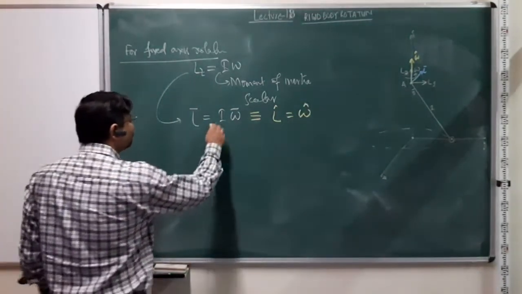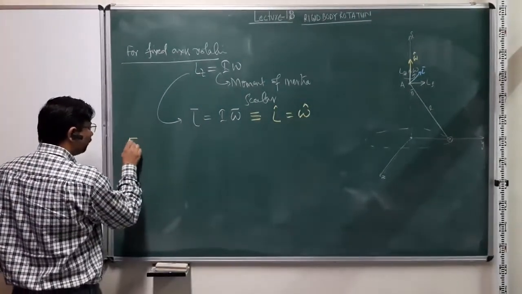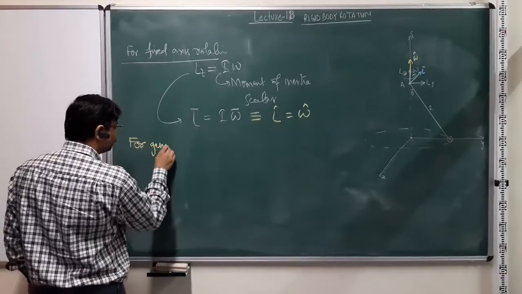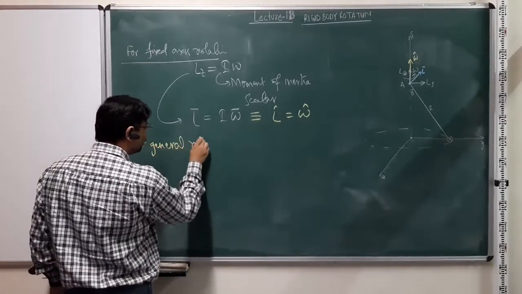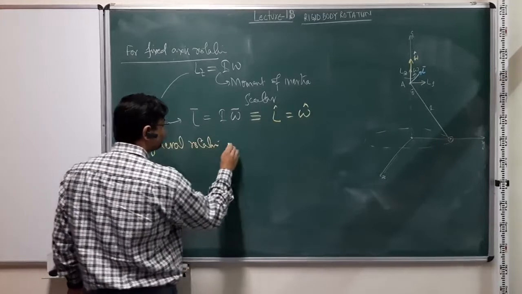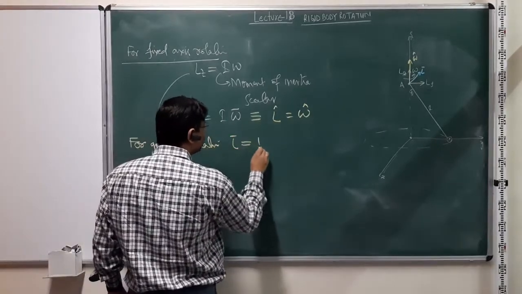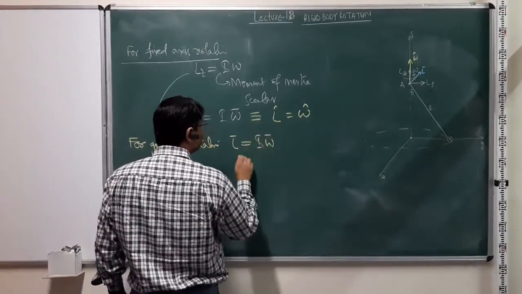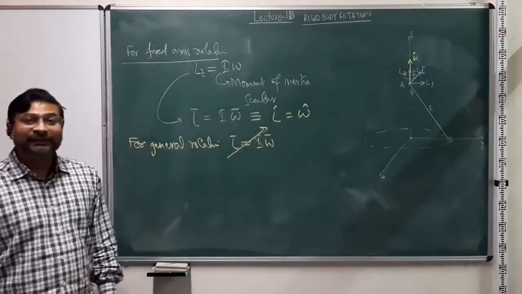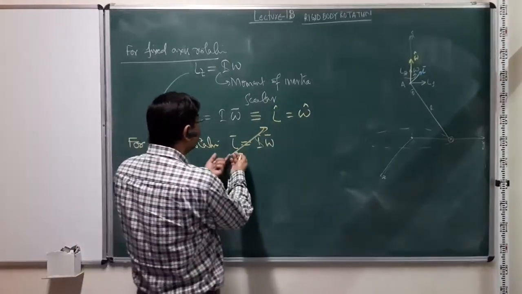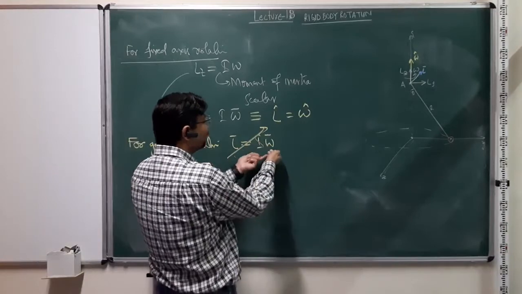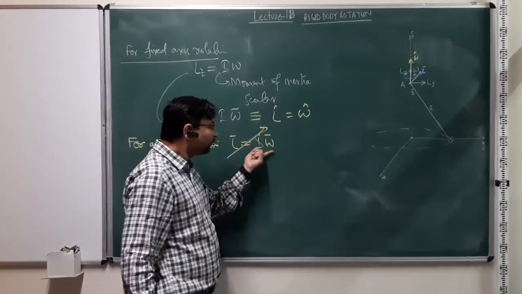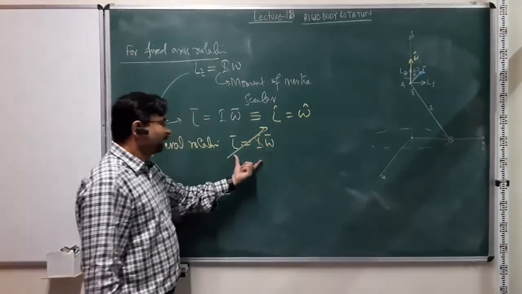So for general rotation, this expression is not true. We cannot write it down like this. It doesn't make sense, because if the L vector is equal to some scalar times the omega vector, then both directions have to be the same.